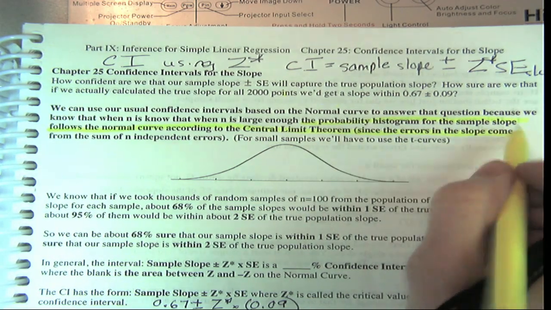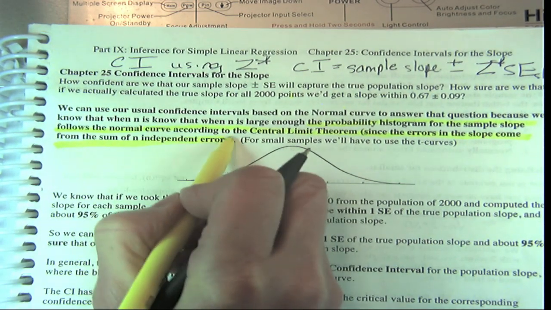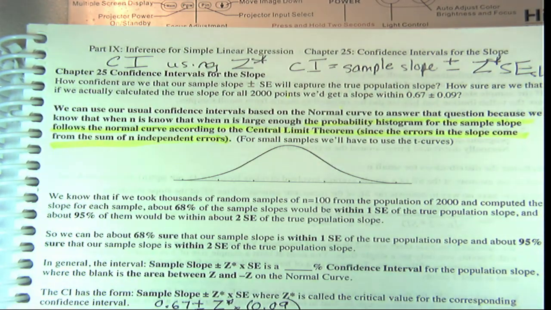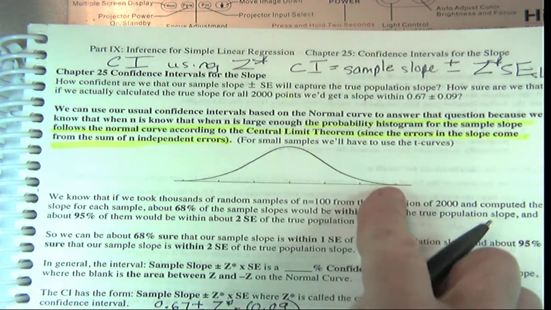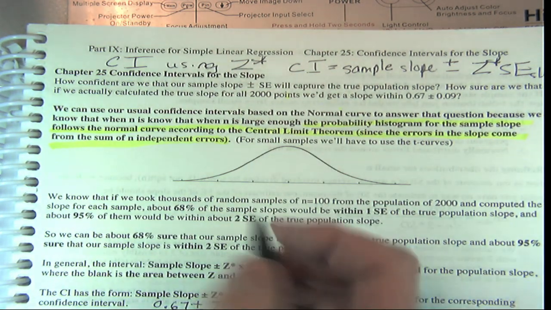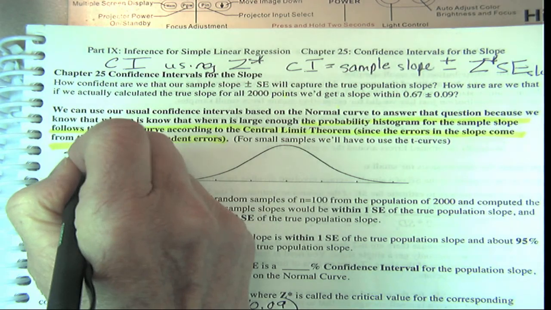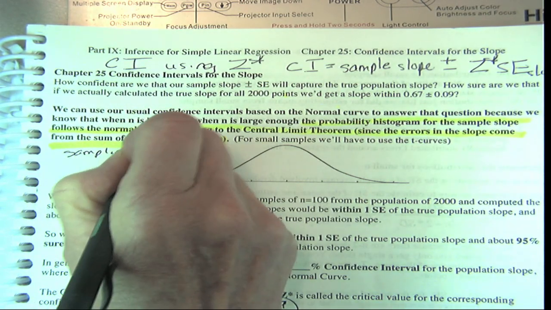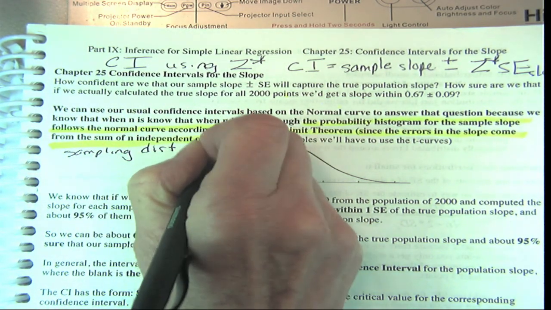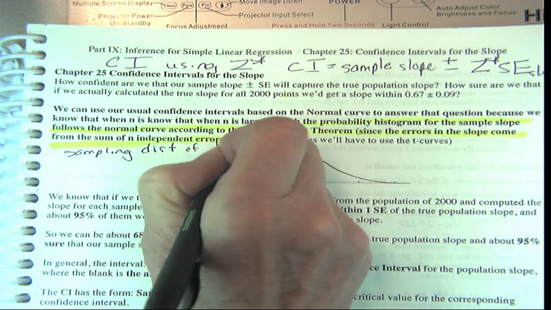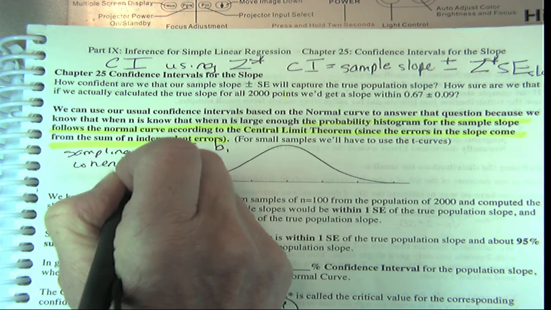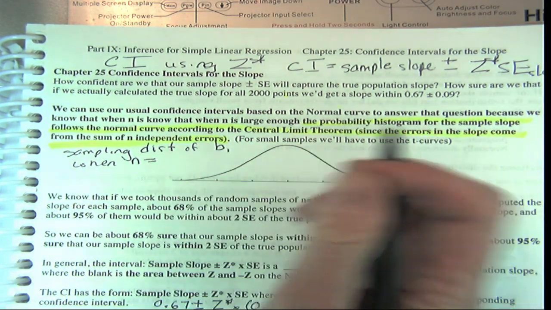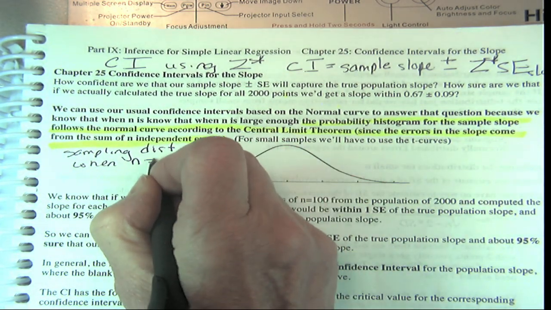The errors in the slope come from the sum of n independent errors, and the probability distribution of the sum of n draws from a box, or the average or the percent, follows the normal curve according to the central limit theorem. So right here we have the sampling distribution of our slope, b1, when n is large.